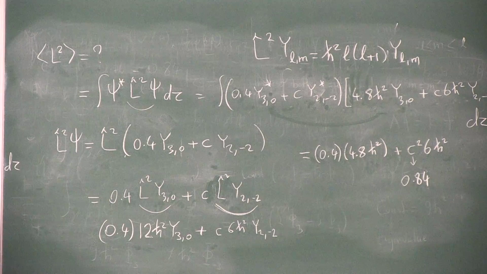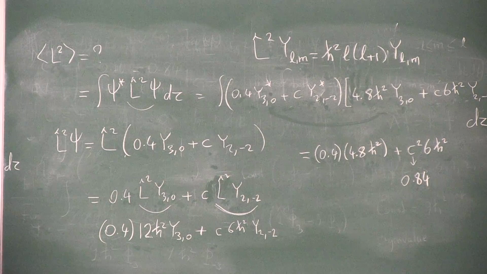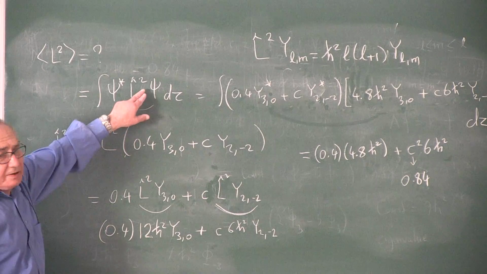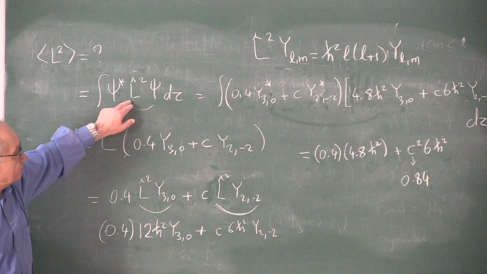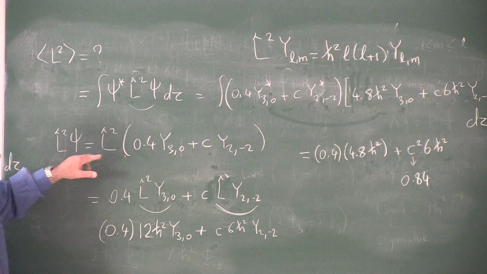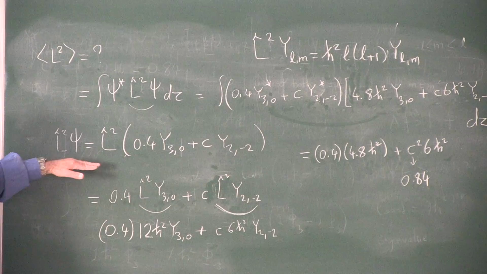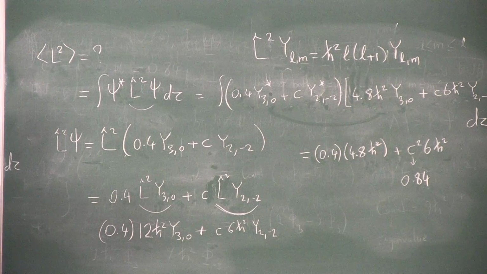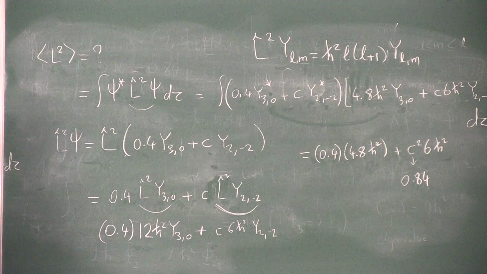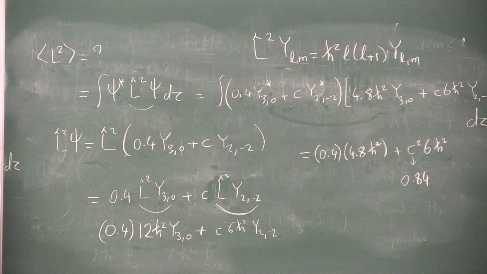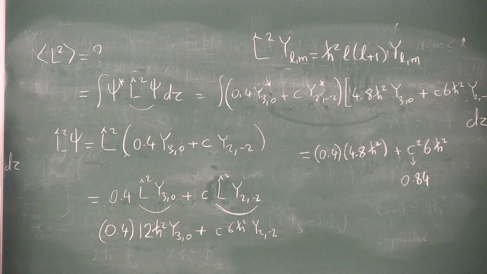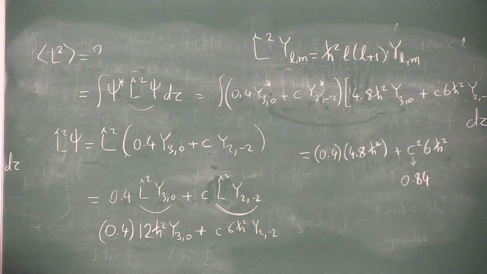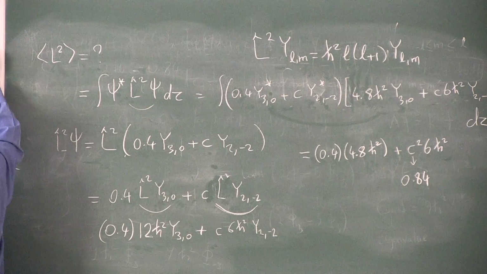The final part here was what is the average value of LZ? Instead of L square here, you are going to put LZ. Then you will simplify LZ psi as I did for L square. But remember that spherical harmonics are eigenfunctions of LZ, but only m is involved. This is h bar times m.